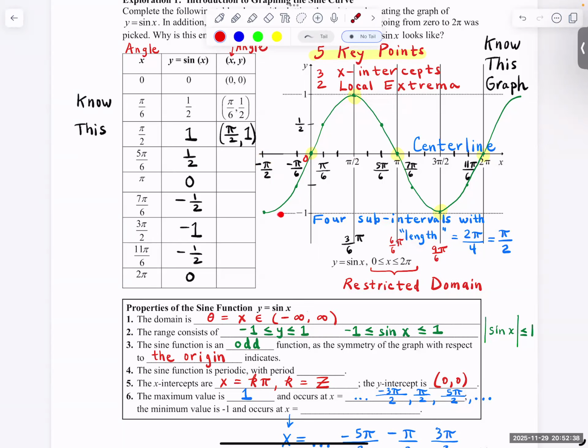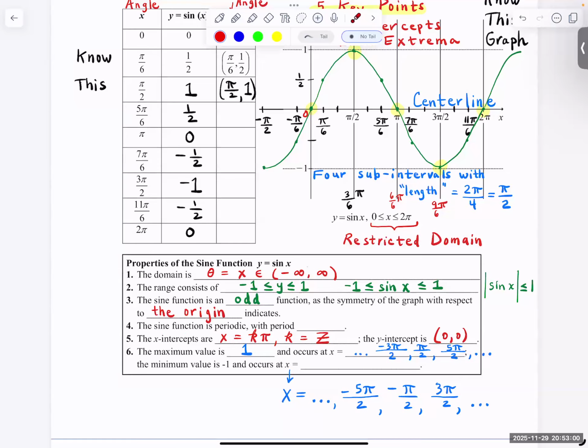The function value now is negative 1, whereas at pi over 2, the function value was positive 1. So we have opposite inputs, x and negative x, and opposite function values, f of x and the negative of f of x.